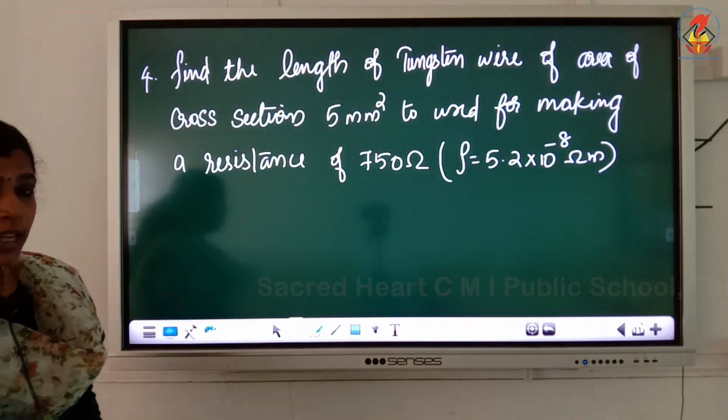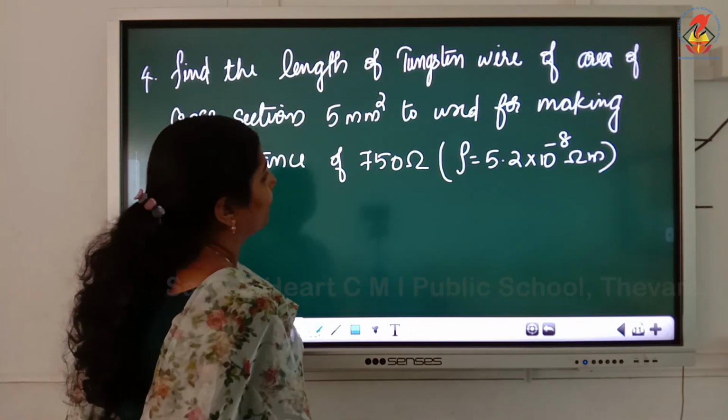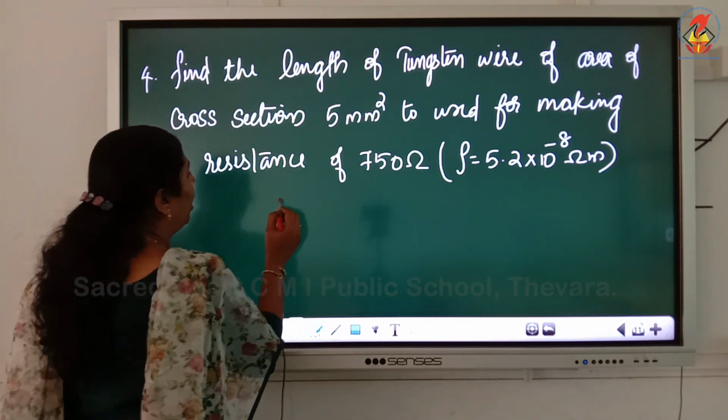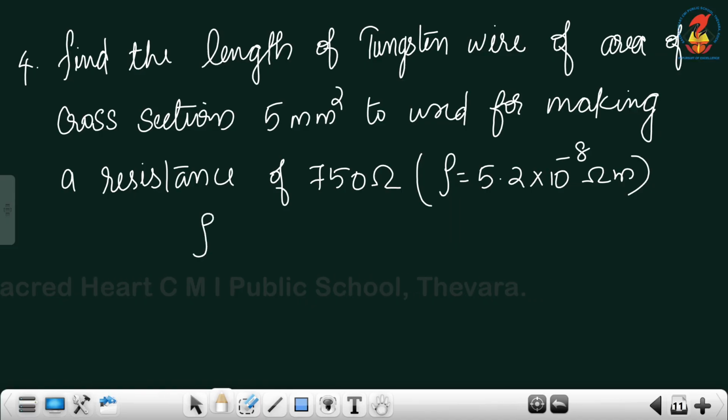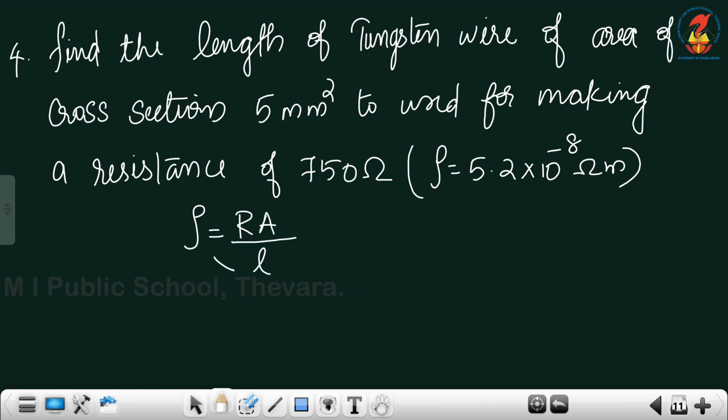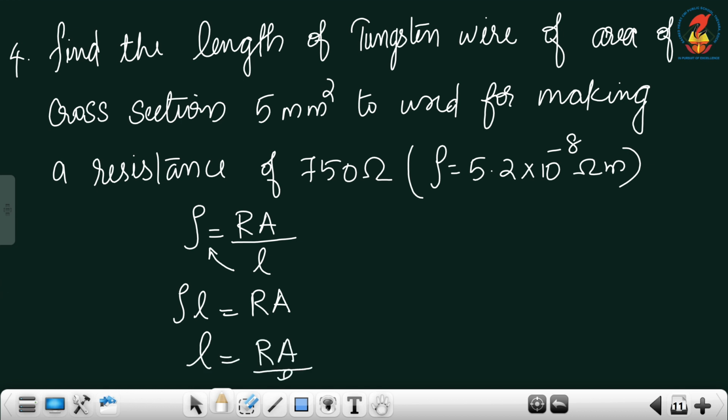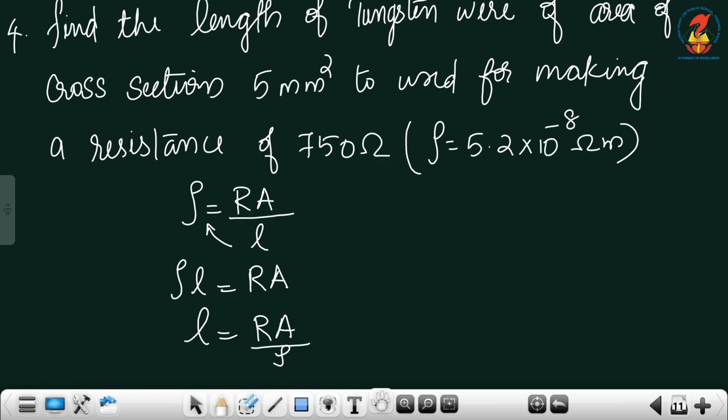So, which equation will we use? We will use rho equal to RA by L. Just cross multiply it here. Rho L equal to RA, or L equal to RA by rho.